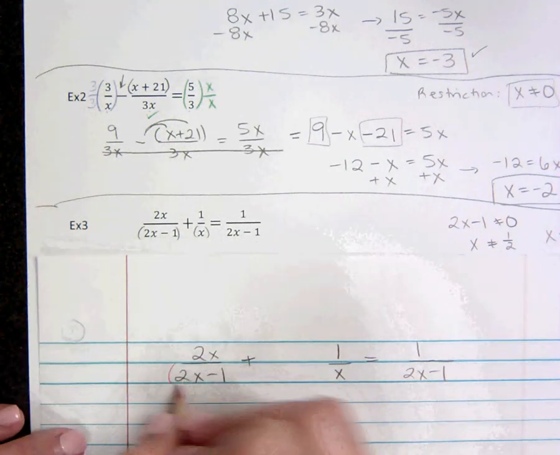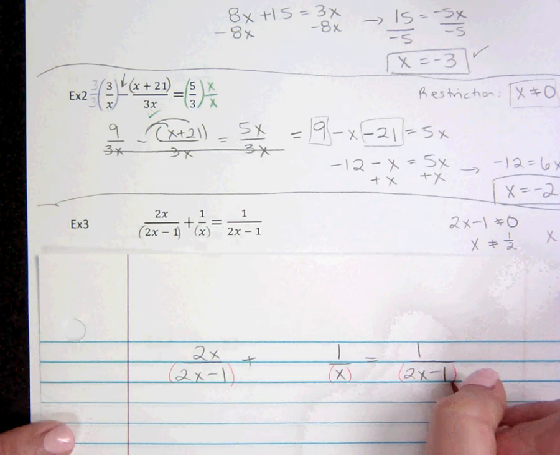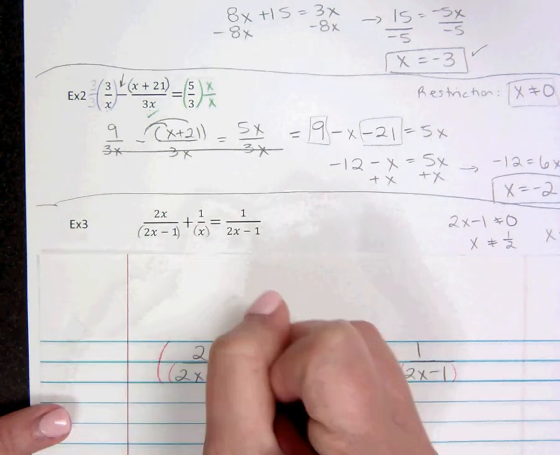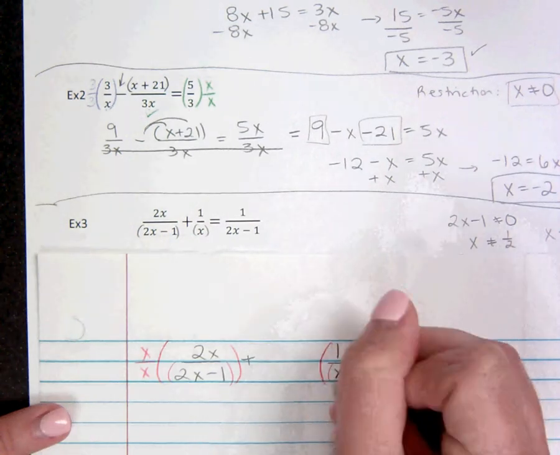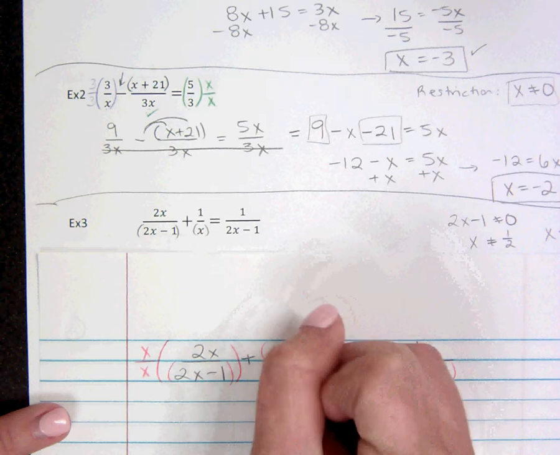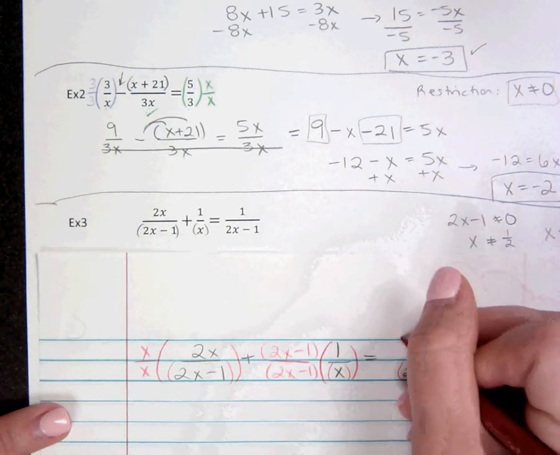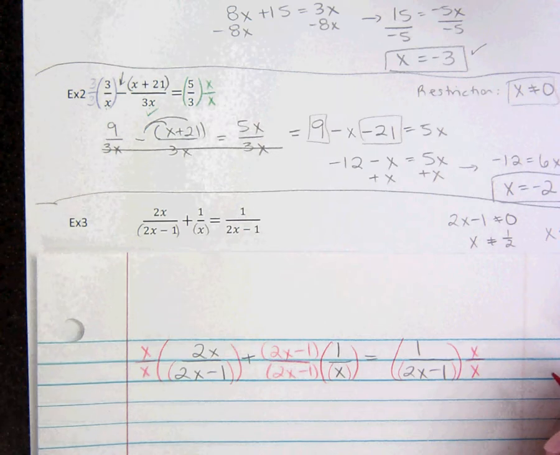So we have 2x minus 1, just x, and 2x minus 1 again. The first fraction needs x. The middle fraction needs 2x minus 1. And the third fraction needs x. And again, that can get pretty involved.